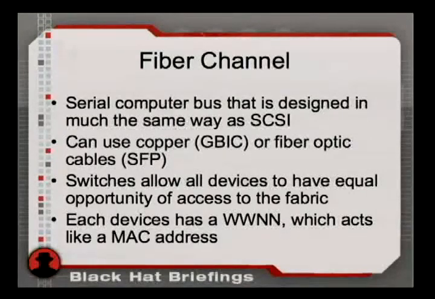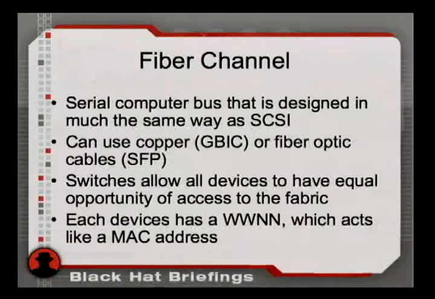Fiber channel. What is fiber channel? Does anyone know what fiber channel is? Let's just throw it out that way. All right, fiber channel is basically like SCSI, except multiple people can tap into it at once. It also expands the range from 7 or 8 possible IDs to 64.